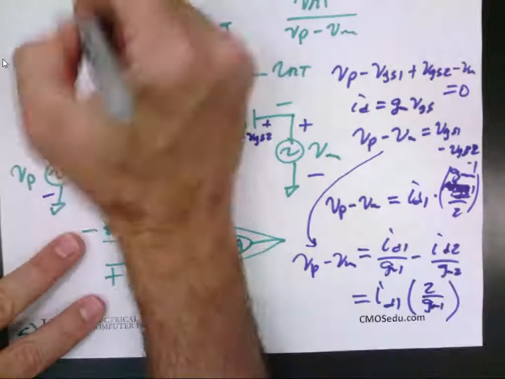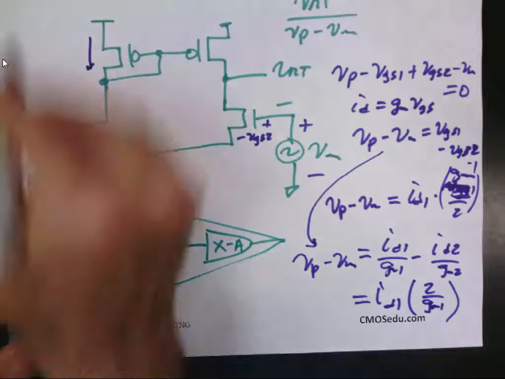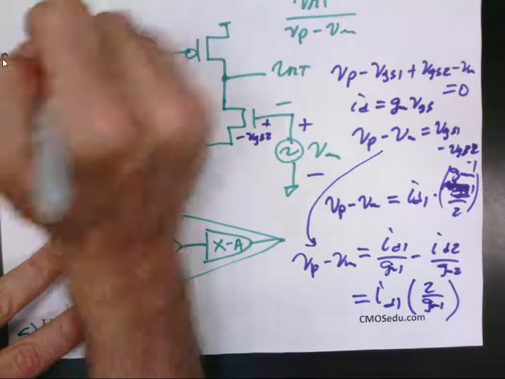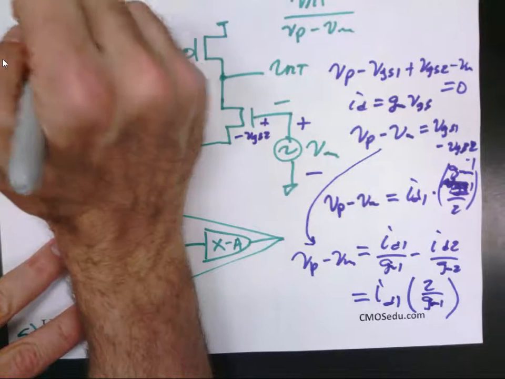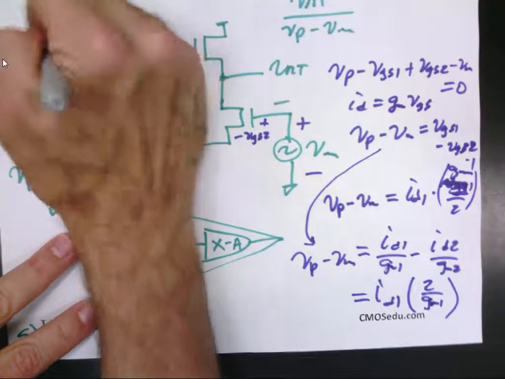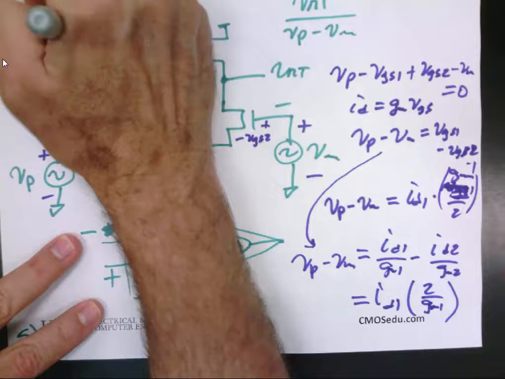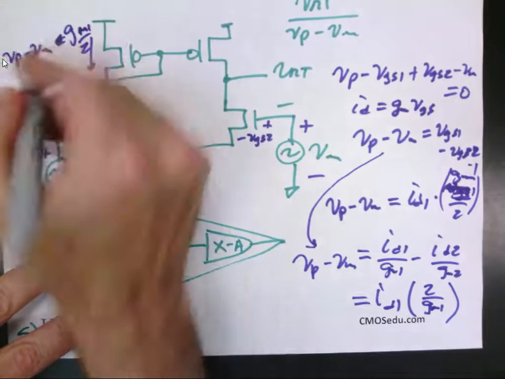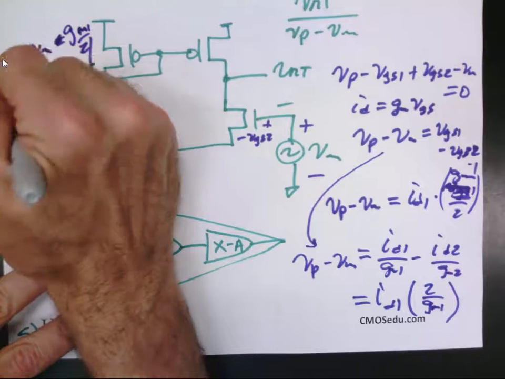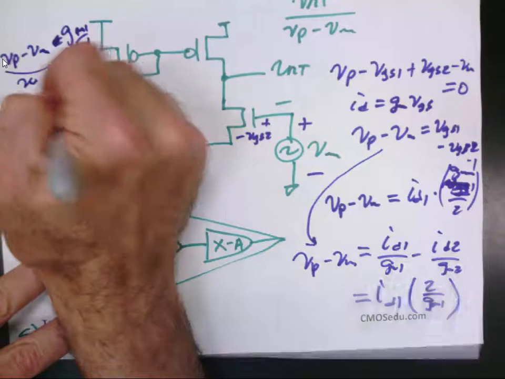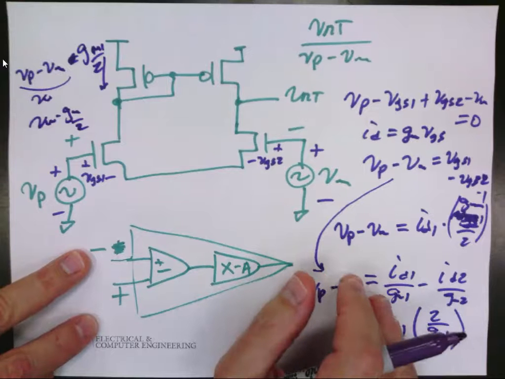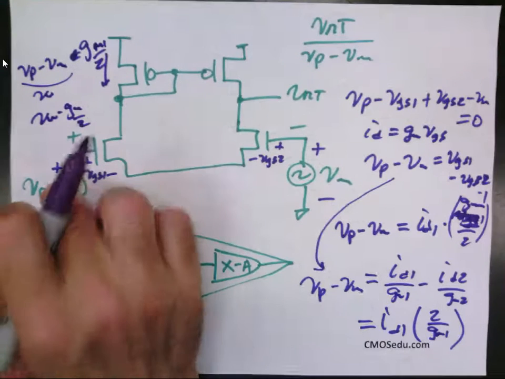So then I can go over here and say, okay, well that says this current is VP minus VM times GM1 over 2. Or if I call this Vin, it's Vin times GM over 2. Oh, wait a sec. That's exactly the same thing we had before when we just had Vin over here.